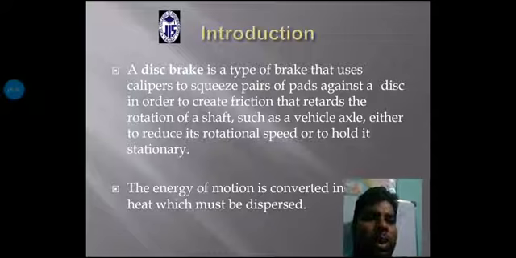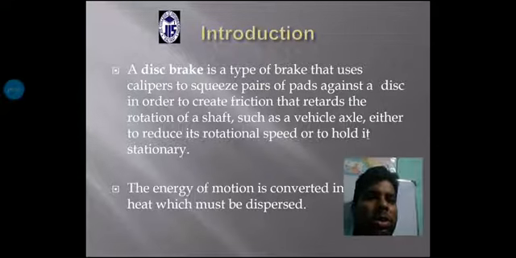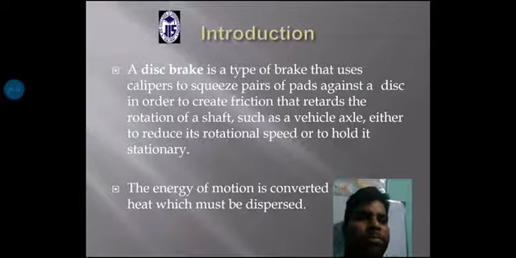Now again we can concentrate on the disc brake. A disc brake is a type of brake that uses calipers to squeeze pairs of pads against a disc in order to create friction that retards the rotation of a shaft, such as a vehicle axle, either to reduce its rotational speed or to hold it stationary.